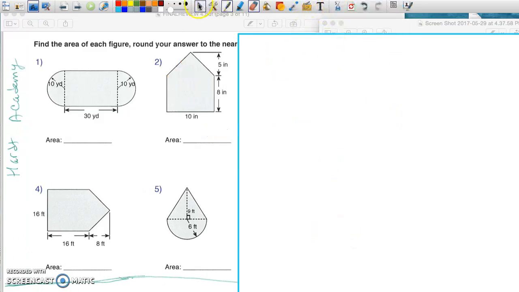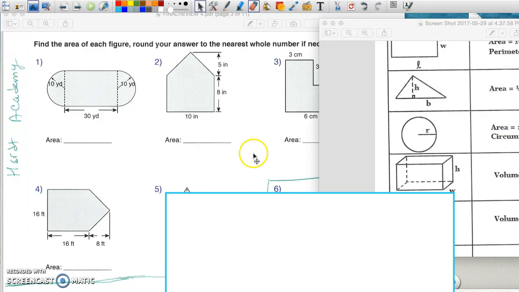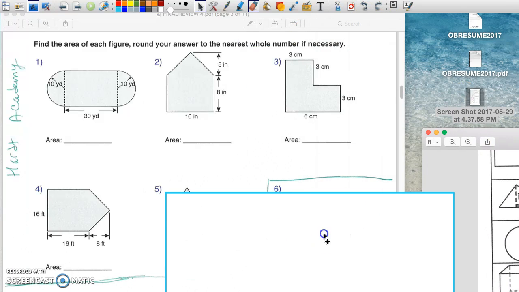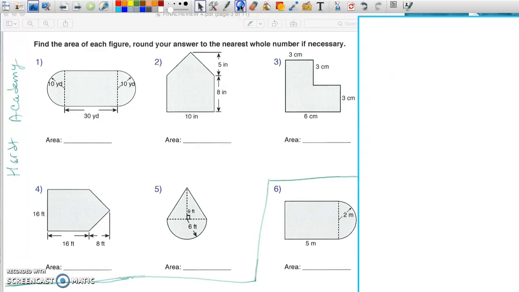Let's try another one. Still have time on this video. Okay. What do you see on number 3? Well, I'm going to make it easy for myself. Okay, that was so not straight. Close enough. All right, so I see a perfect square, right? So this means it's going to be 3 by 3, as far as I can tell, okay?